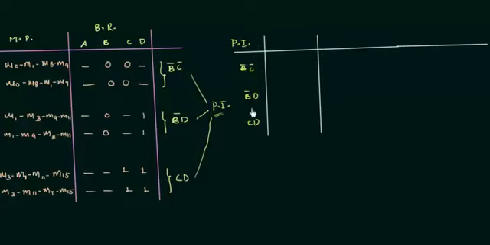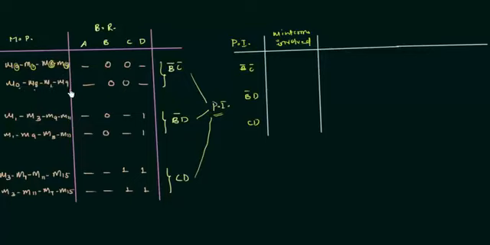First column will have the prime implicants, second column will have the min terms involved. In B complement C complement, you can see we have M0, M1, M8 and M9.